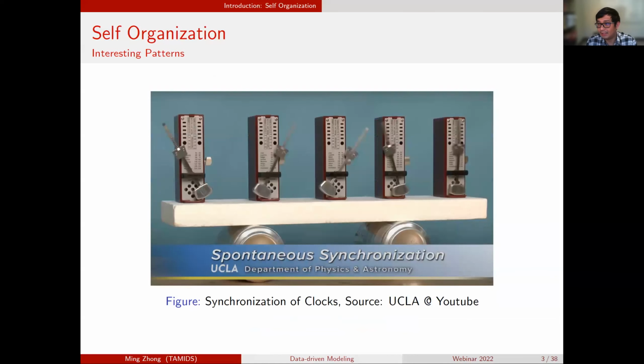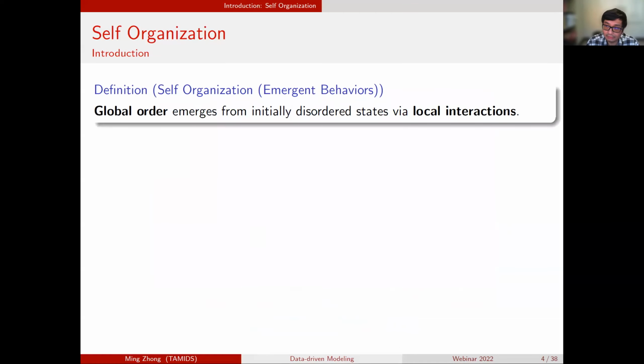Besides these patterns forming in spatial spaces, you can also have patterns forming in phase spaces. For example, the synchronization of the frequency of clocks can happen in phase space. All of these can be explained by a term called self-organization, which means that you have some kind of global order or global behavior emerging from initially chaotic states.